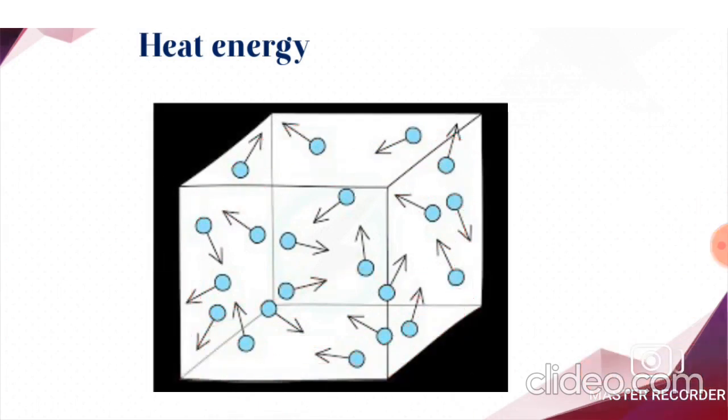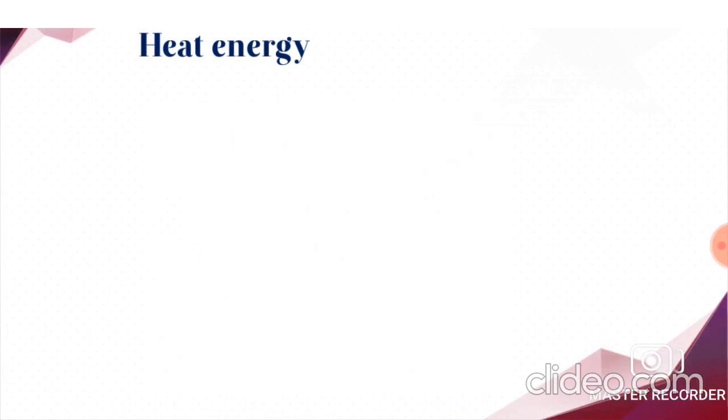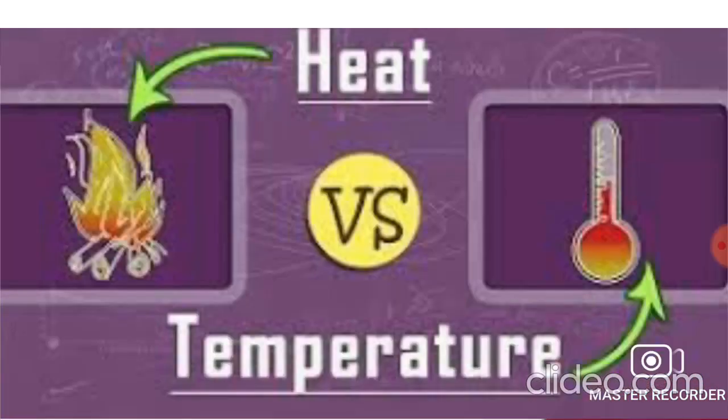Then, what about temperature here? Temperature is just an indicator of this energy. Do you think a cold object does not possess any heat energy? Just think about it. Not really. Even a cold object possesses heat energy. You know why? Because in a cold object also the particles are moving, right?